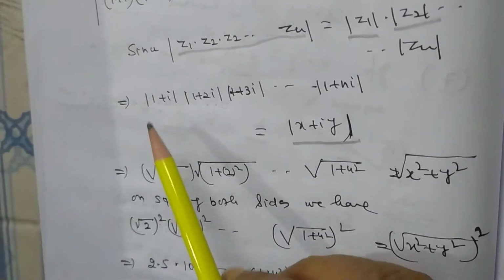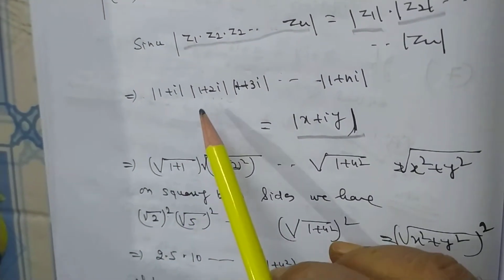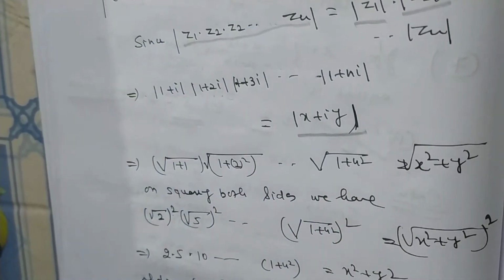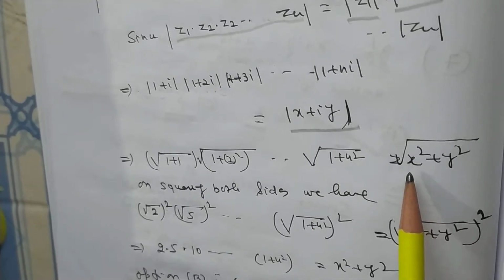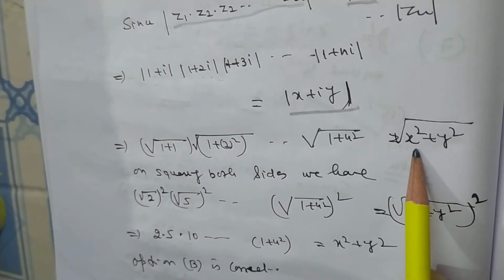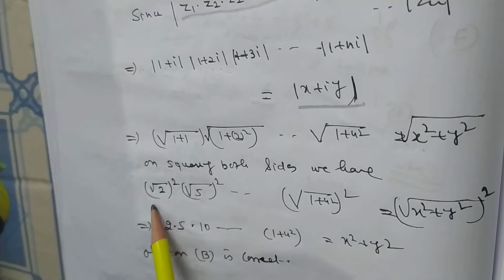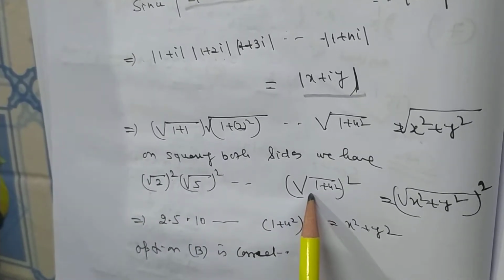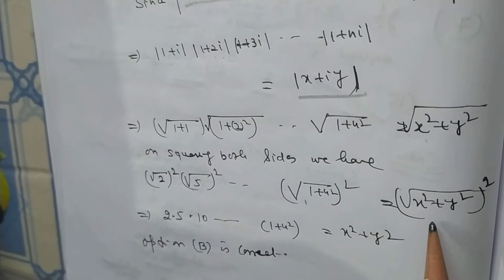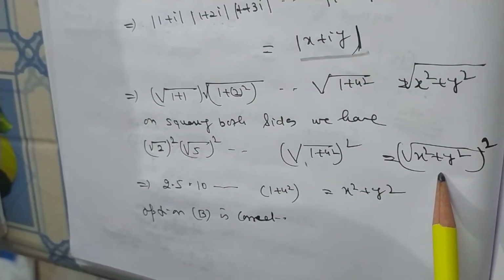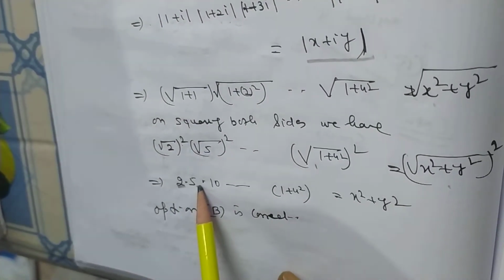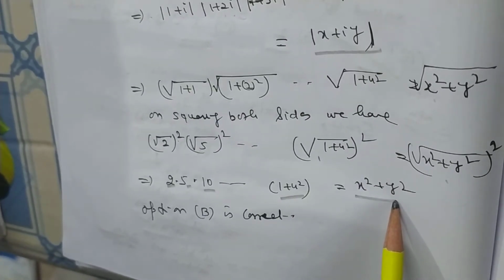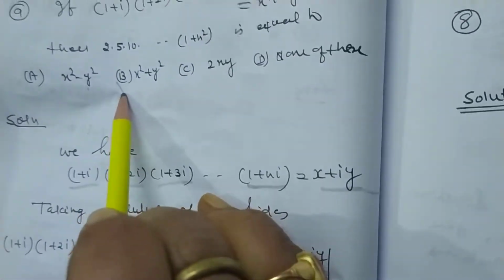The magnitude of 1 plus i is root of 1 squared plus 1 squared. The magnitude of 1 plus 2i is root of 1 plus 2 squared. And the magnitude of 1 plus ni is the square root of 1 plus n squared. And this equals the square root of x squared plus y squared. Squaring both sides, we have root 2 whole squared, root 5 whole squared, up to root of 1 plus n squared whole squared, and root of x squared plus y squared whole squared. And it is 2 into 5 into 10 into up to 1 plus n squared is equal to x squared plus y squared. Hence, B is the correct option.